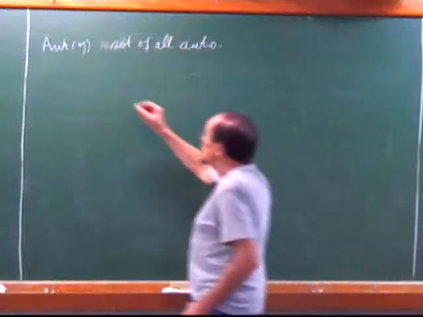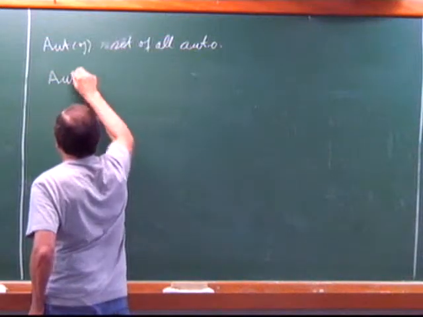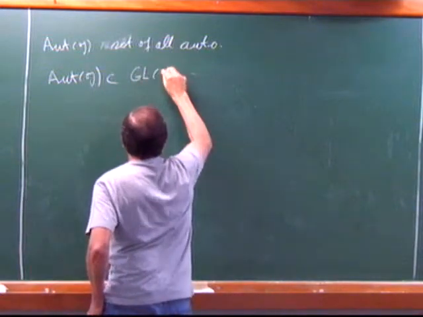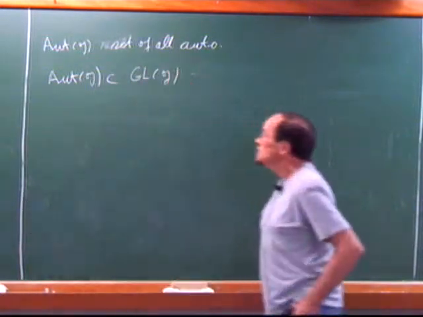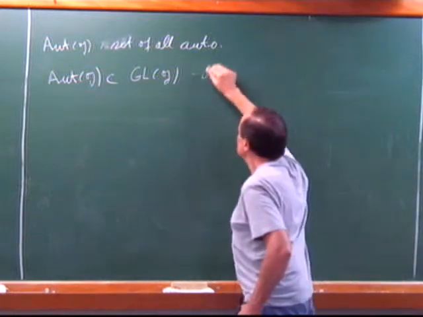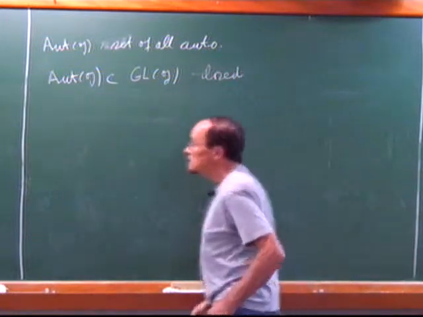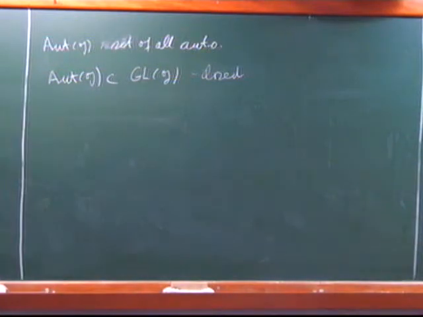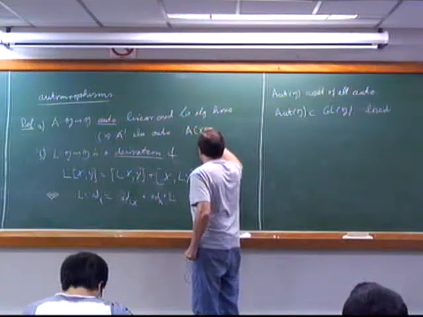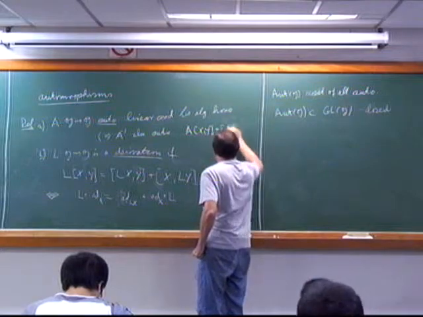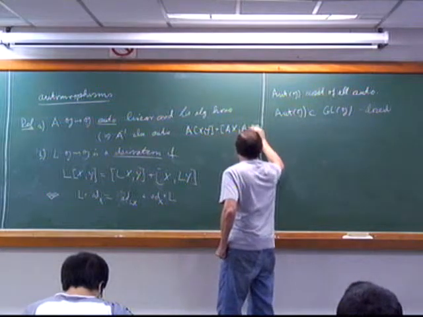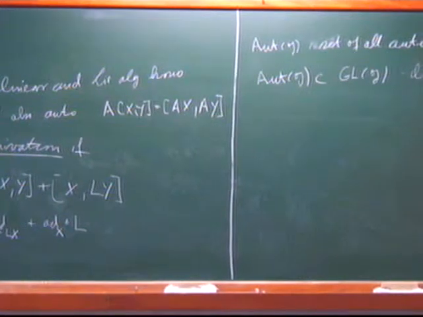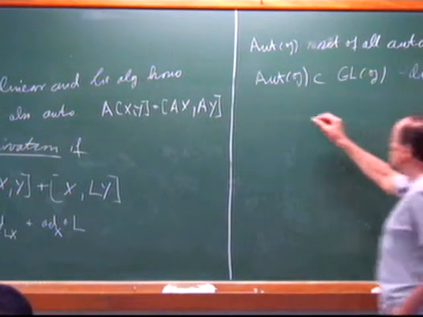So notice that Aut(g) sits inside GL(g). It's certainly closed because it's defined by an equation, here of course the automorphism equation, and therefore it's closed. And certainly a subgroup, right? Compositions of automorphisms are automorphisms, so it's at least a Lie group.